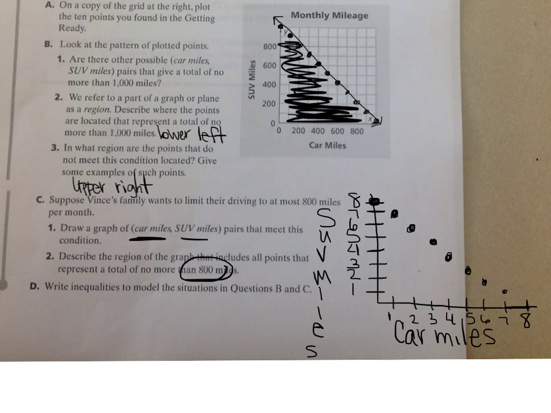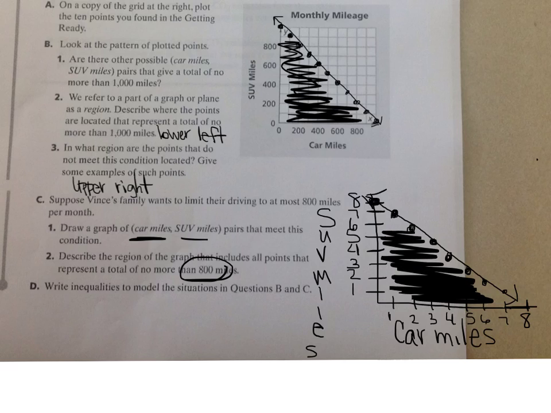We would connect these points here. And then we're going to shade in the region that represents all of the points or the mileage that is no more than 800 miles.